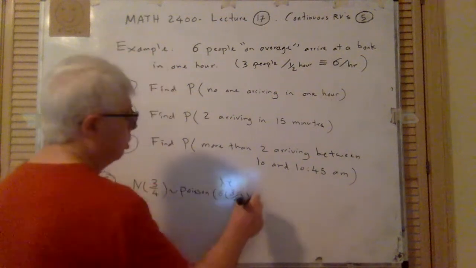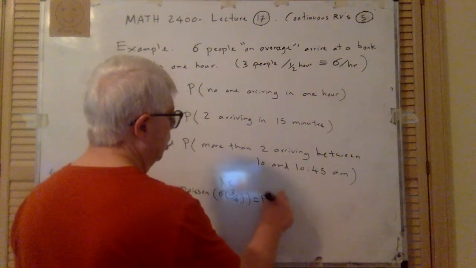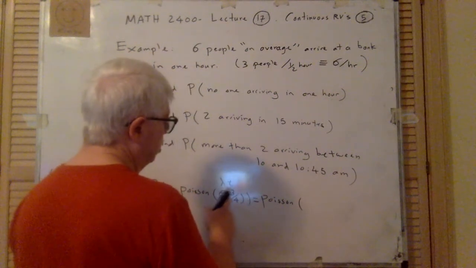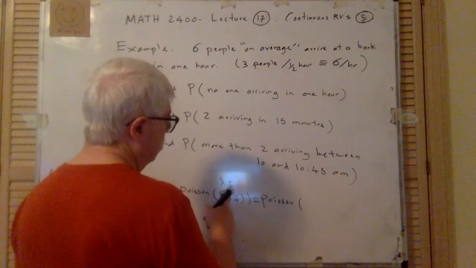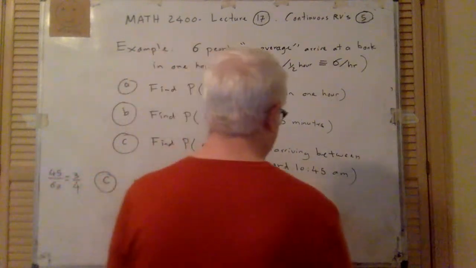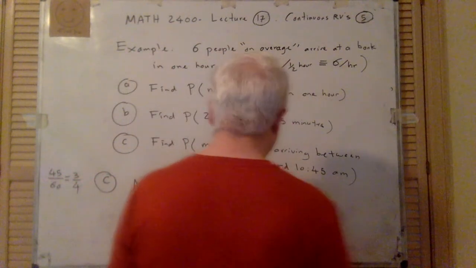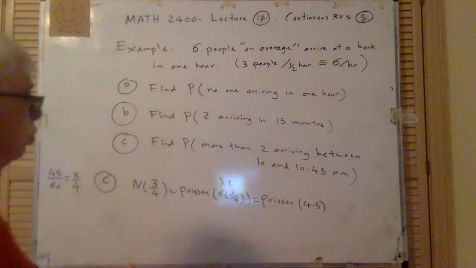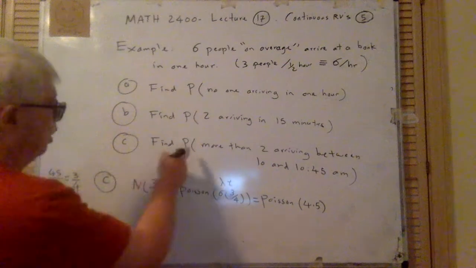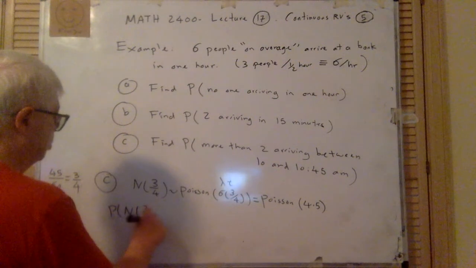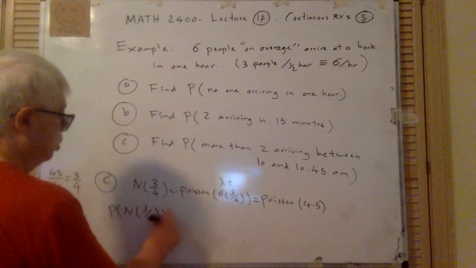So how much is that? That's 4.5, right? That's 18/4. Yeah, 4.5. So that's Poisson 4.5. So we need P of N of 3/4 more than 2.